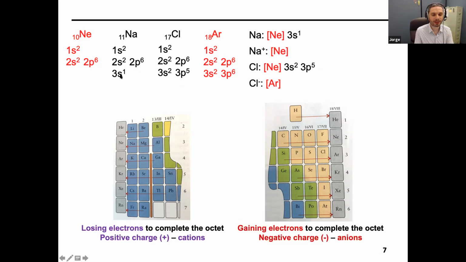To achieve stability, sodium has to lose 1 electron, so therefore achieving the octet here, and chlorine has to gain 1 electron. So therefore, sodium and chlorine will combine to form sodium chloride, very stable compound, 1 cation, 1 anion. Therefore, this is an ionic bonding.